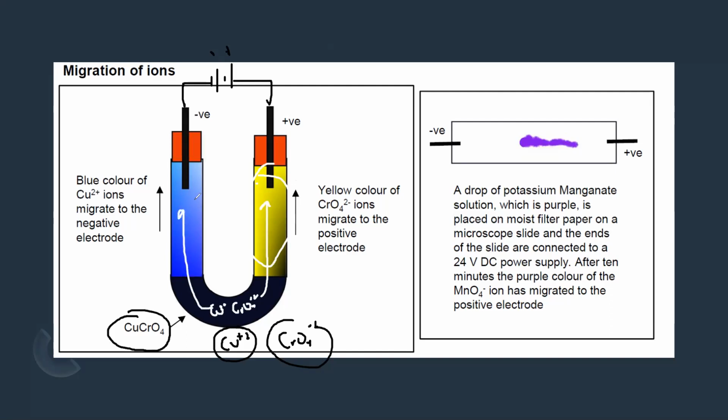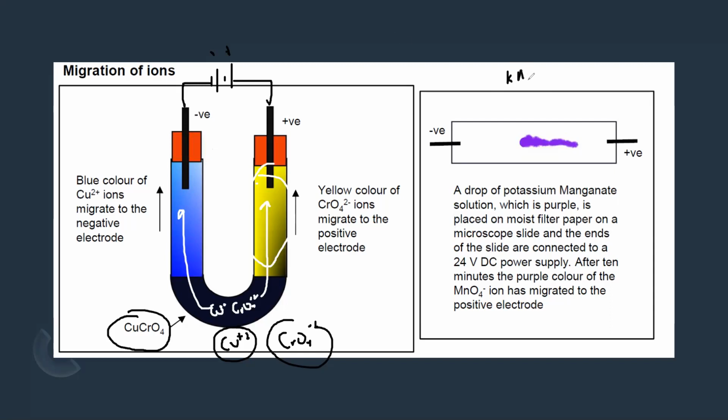So we will observe the migration of the positive copper ion, a blue color near the negative electrode. This shows that the ionic compound can conduct electricity in a molten or aqueous state. In the same way, we can also use potassium manganate.